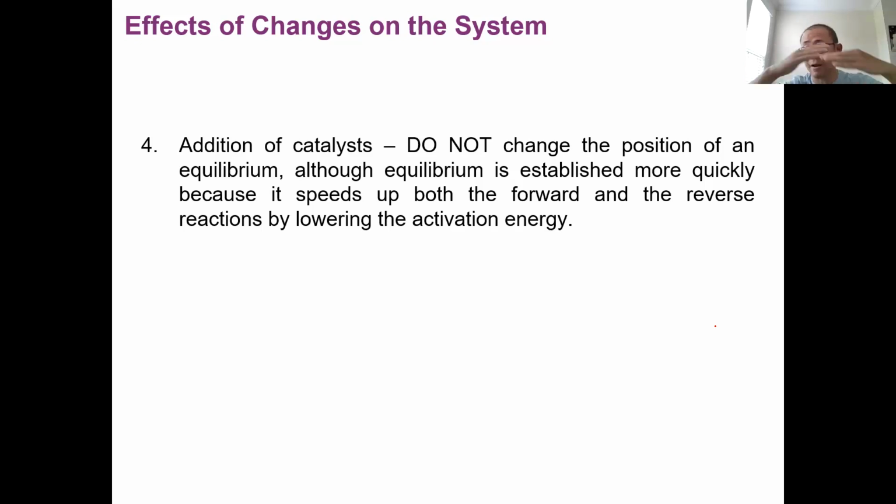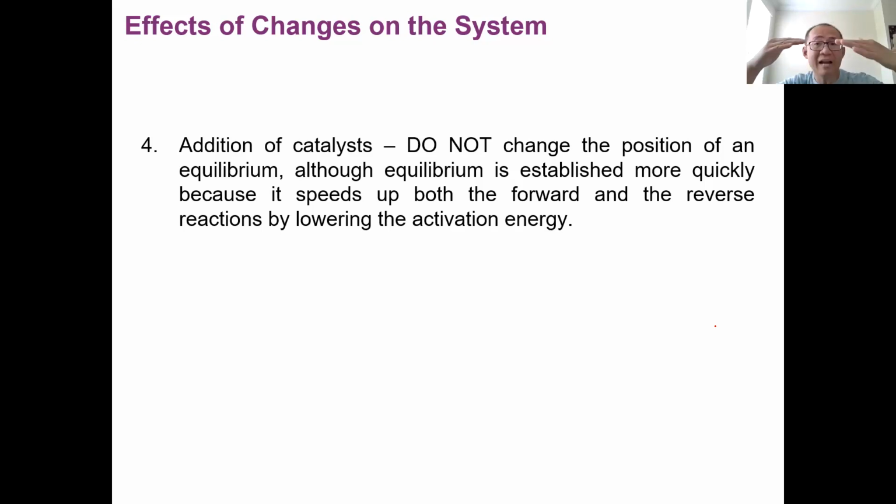Because the pathway is the same, you're doing the same pathway going forward and backwards. So the effect of a catalyst is speeding up both the forward and reverse reaction rates the same way.